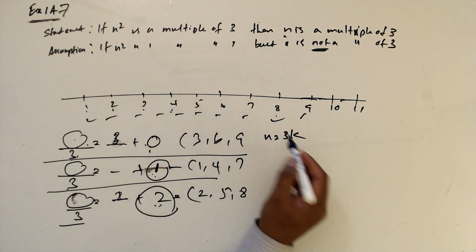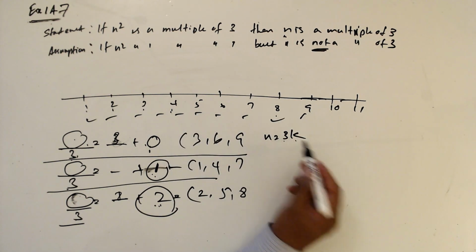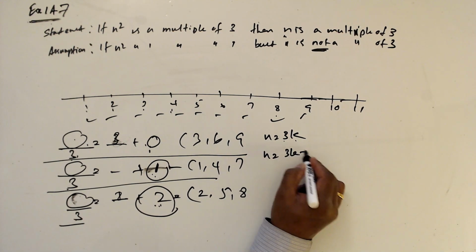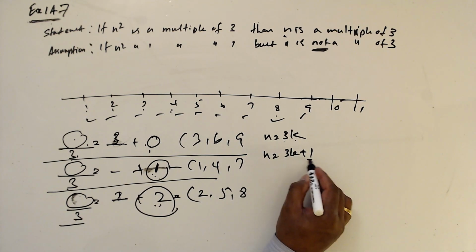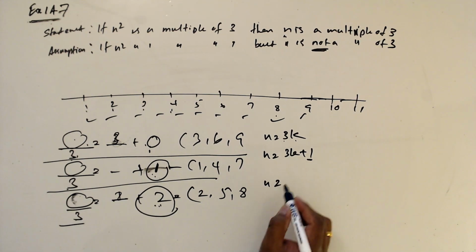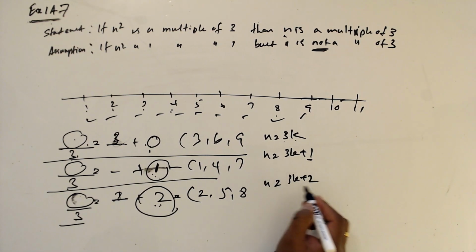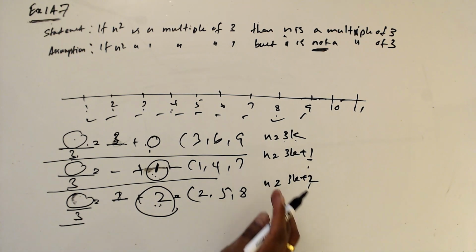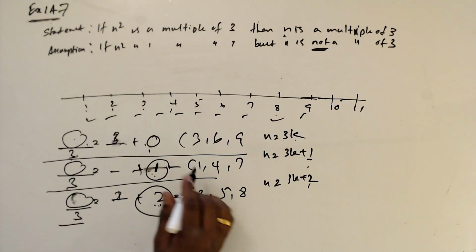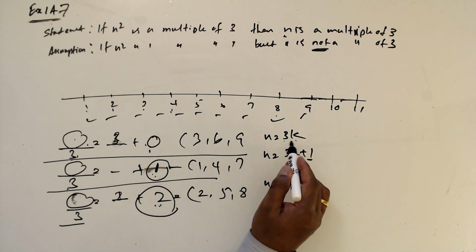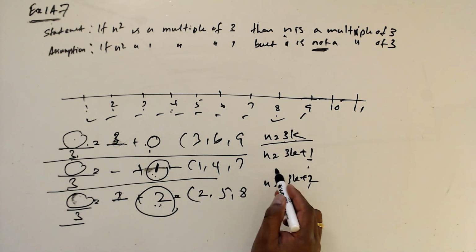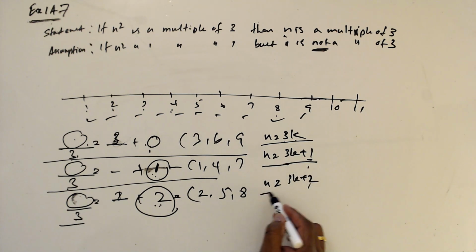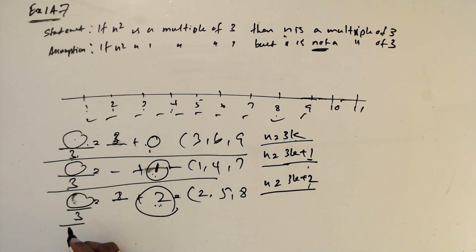Any number on the number line multiplied by 3 is divisible by 3. Then n equals 3k plus 1 means remainder 1, and n equals 3k plus 2 means remainder 2. So all numbers on the number line are categorized into 3: divisible by 3, remainder 1, and remainder 2.